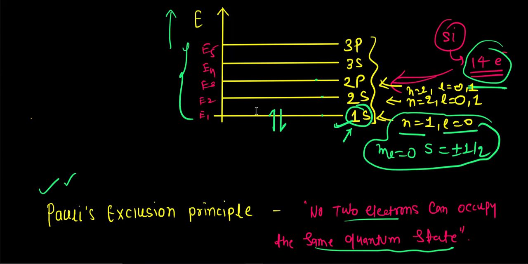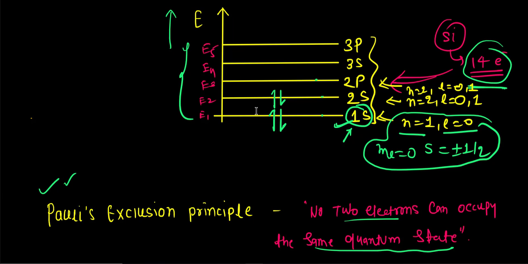Now similarly for the 2s there would be 2 quantum states, so there can be 2 electrons. Similarly for the 2p there are 6 quantum states. Forget about l because l is already considered in the p.